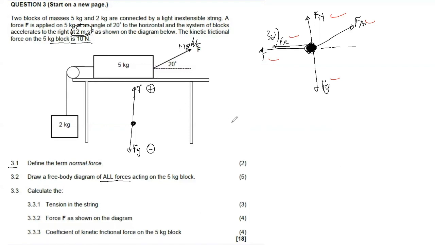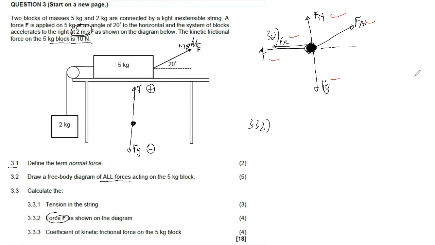To calculate for 3.3.2, you're still going to make use of this free body diagram that I've drawn here. We want to calculate force F. But we can see that our force here is given diagonally, and it becomes a problem to calculate using diagonal forces.